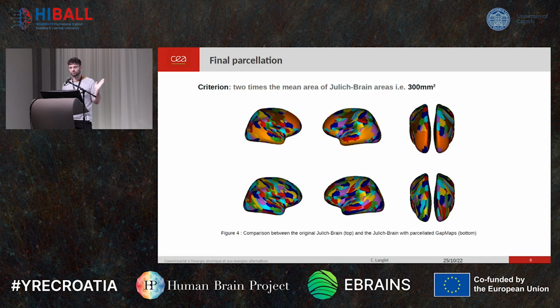This is the kind of map that we obtain. At the top, you have the original Julich-Brain with the GapMaps in orange and brown. And at the bottom, this is the Julich-Brain with GapMaps parcellated with Constellation. This was printed with a Foursquare Thermo application.